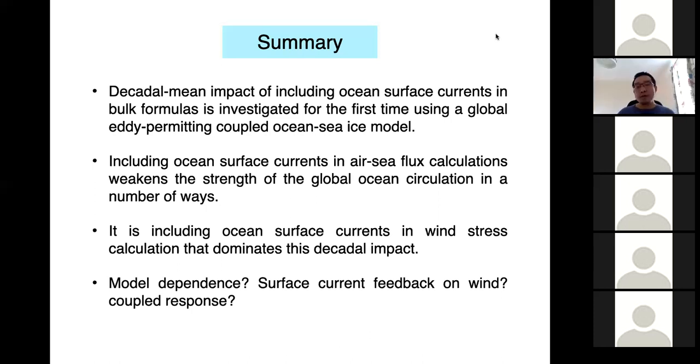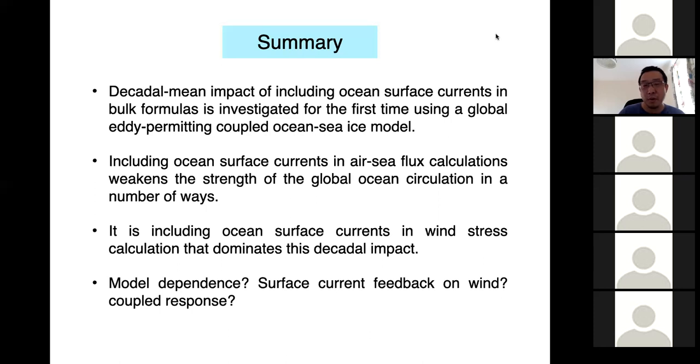Because I think the relative wind stress is there. Whether there's a coefficient you should put on when you take into account the ocean surface current, the relative wind effect is there to the leading order. Whether it's from the observational study or from the model study, it shows the effect is quite large.